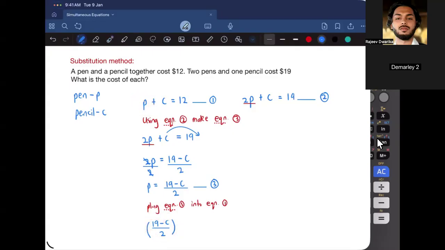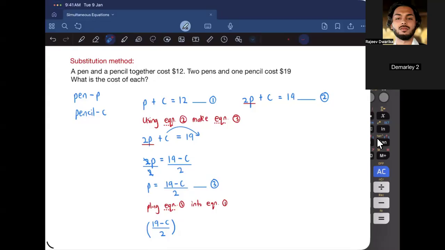What to write next? Tell me what I should write next. Plus c equal to 12.